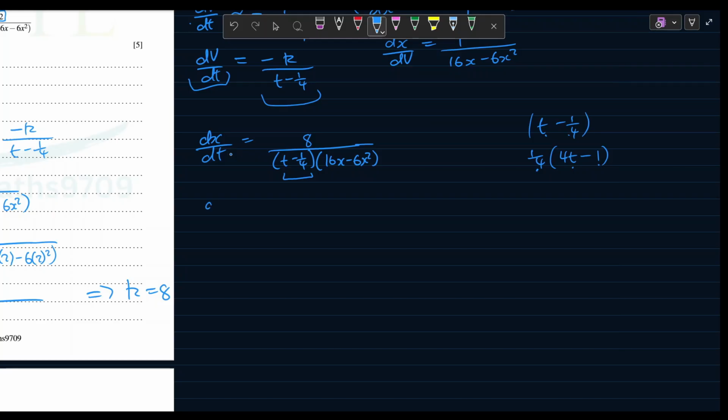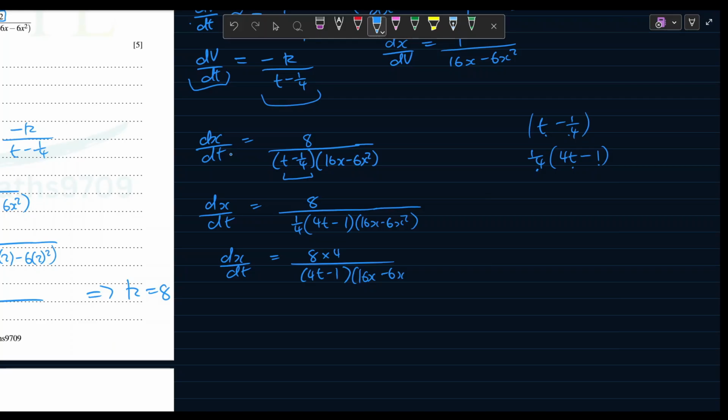And so what ends up happening is that you've got dx/dt is equal to 8 divided by a quarter times 4t minus 1 times 16x minus 6x squared. All right, so this just becomes dx/dt is 8 times 4 over 4t minus 1 times 16x minus 6x squared.